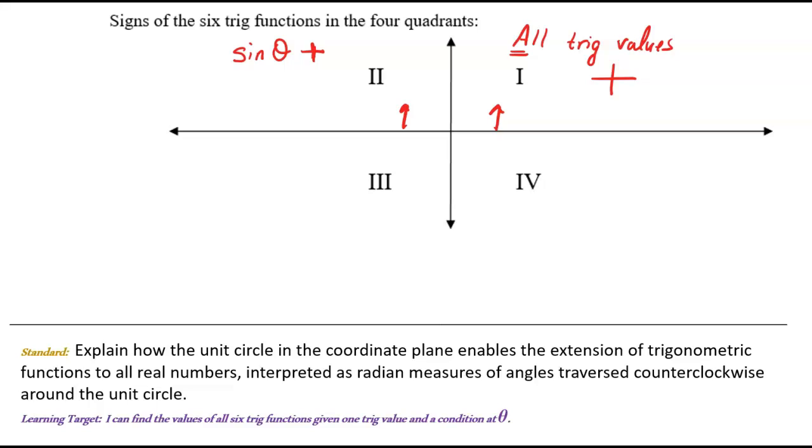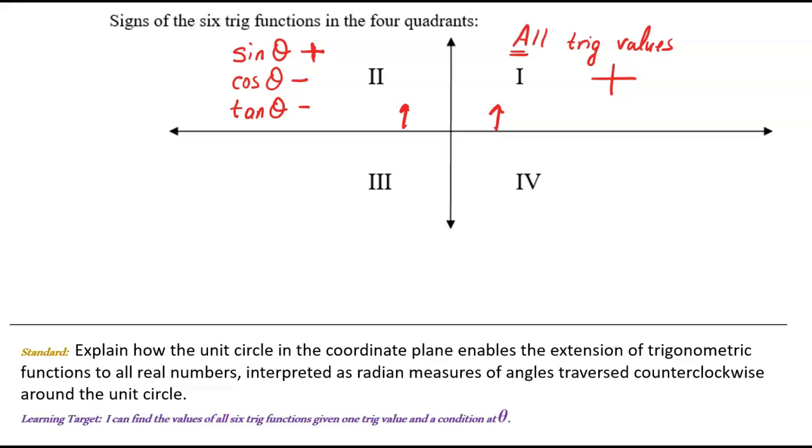Cosine, because it's the x coordinate, will be negative. And tangent, anytime you have a positive divided by a negative, will be negative. When you take the reciprocal of sine, if it's positive, it's still positive, so I'm not going to deal with cosecant, secant, and cotangent. I'm just going to deal with the first three.